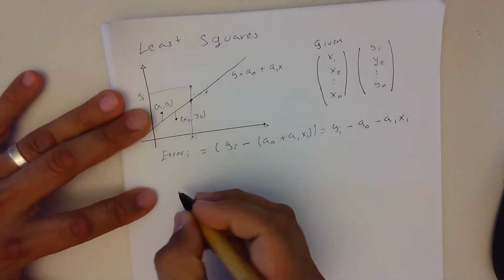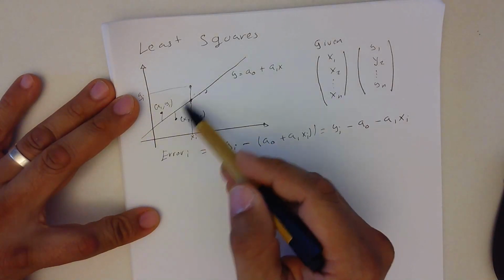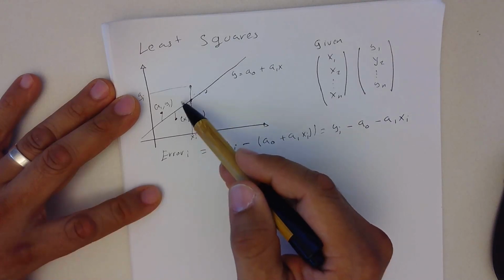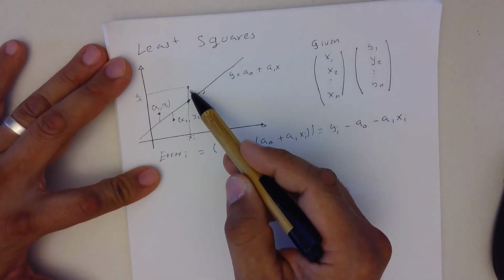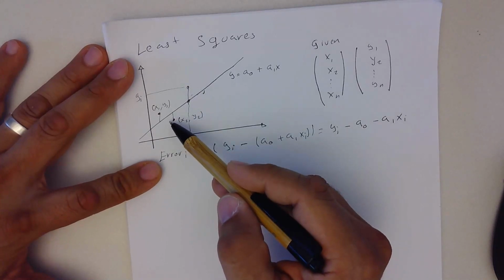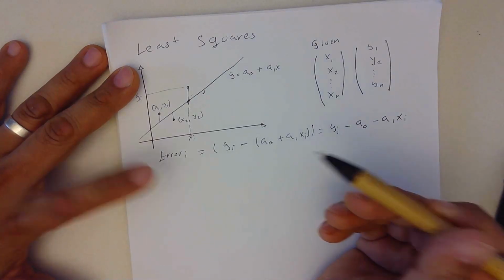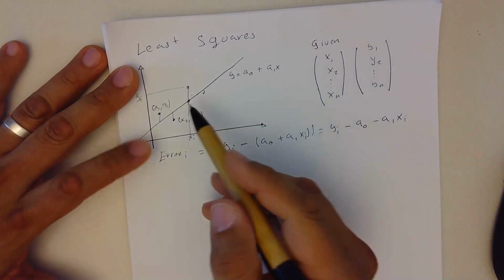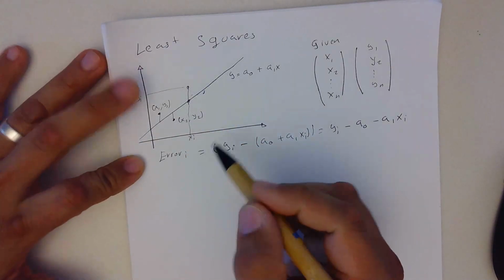The sum of the squares is a way to avoid the problem that we have with different signs. If we have a positive error here and a negative error here, it could be very possible that the sum of them is 0, and that is not true. So one thing we can do to avoid this is to square the error.